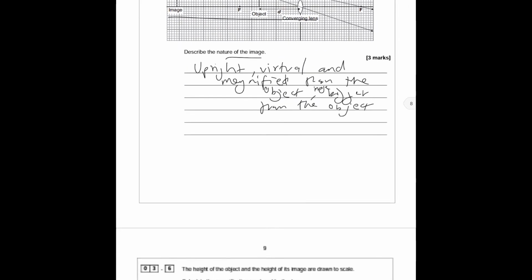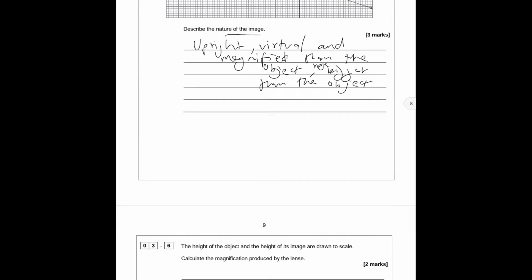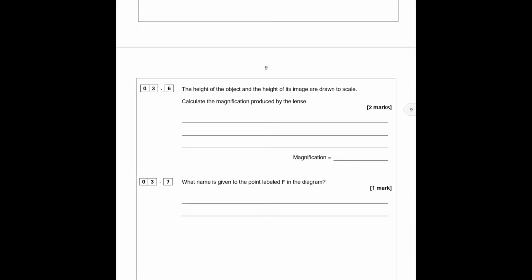It means it's enlarged, way bigger than the object. Or you could say, bigger than the object. Okay, the image is bigger than the object, so it's magnified. But the keywords here for 3 marks are upright, virtual, and magnified.